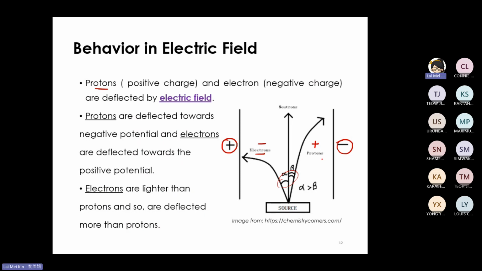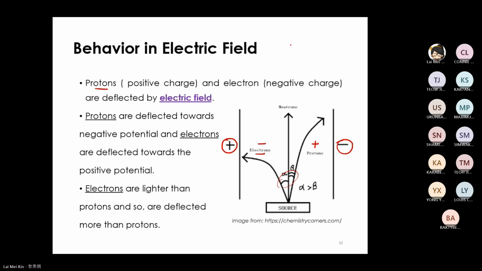Inertia, okay, what else? The mass. Explain further. Proton is heavy. Electron is light. Something that is light, is it easy to be pushed or hard to be pushed? Easy. When you're very light and the wind blows, then you fall down. So it is easy to be bent.